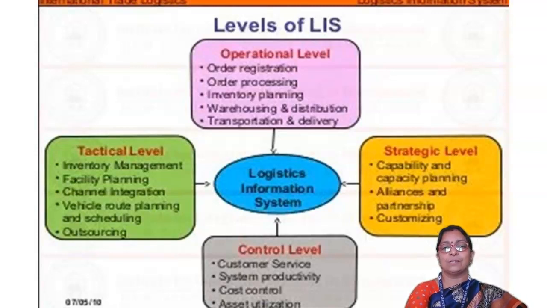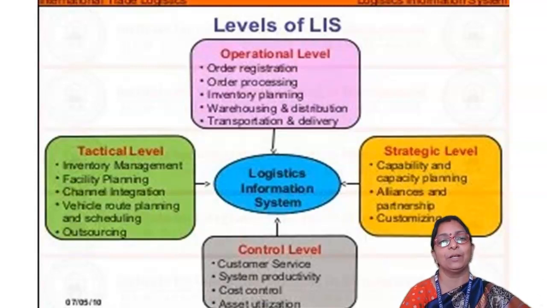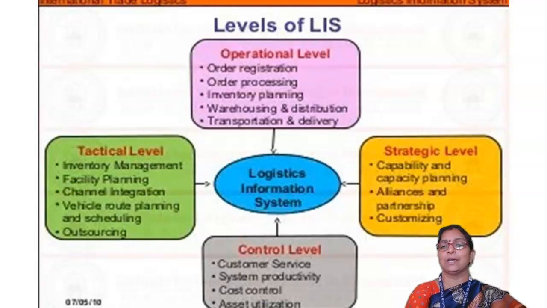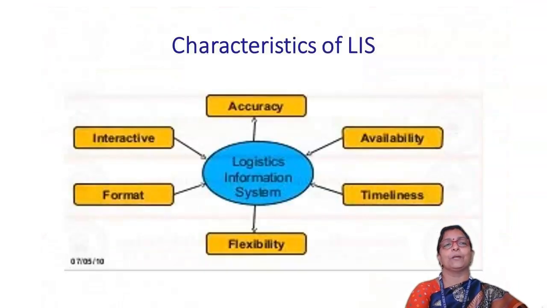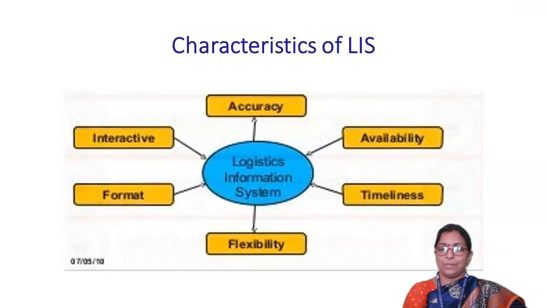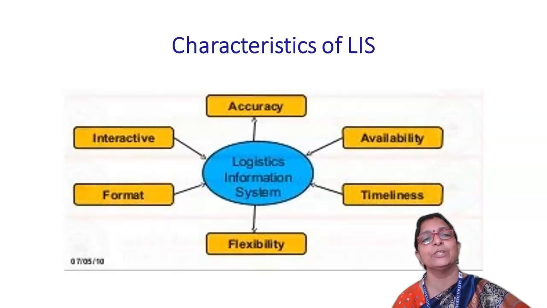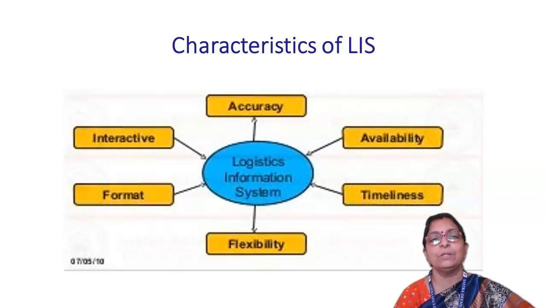So far we discussed the various levels, specifically the strategic decisions in the area. Now I am taking you to the next topic. Next, we are going to discuss the desired characteristics of implementing the logistics information system. The information support needs of an organization for planning and implementing logistics decisions depend on the objective.